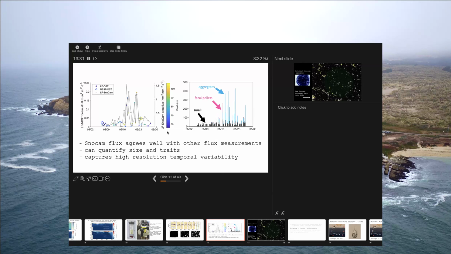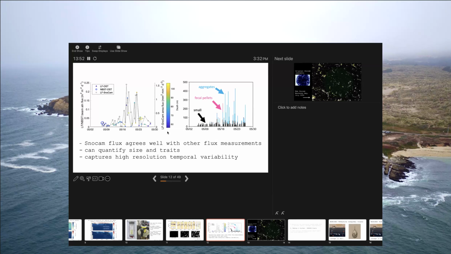We also saw with our comparison with our bulk traps that this was giving us a fairly reasonable proxy for carbon flux. What it adds is the ability to now see what's happening on a much shorter time scale than what we previously were able to do, and also say something about the particle types.